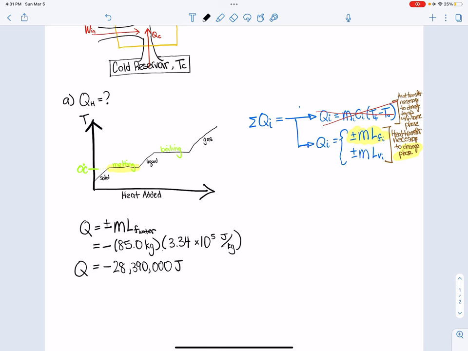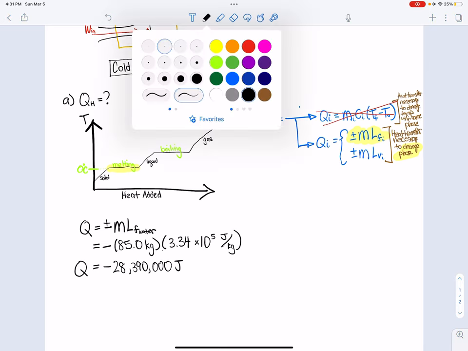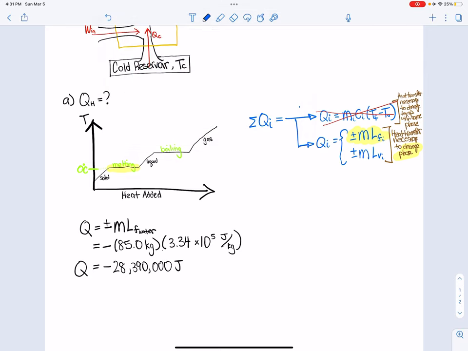And so recall that in chapter 20, unlike chapter 19, where we had Q as positive or negative, this time for our QH and our QC in chapter 20, I'll call this side note 2. In chapter 20, QH and QC are always positive.